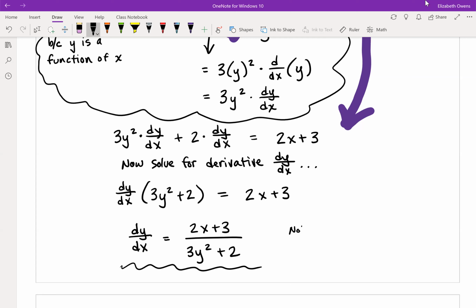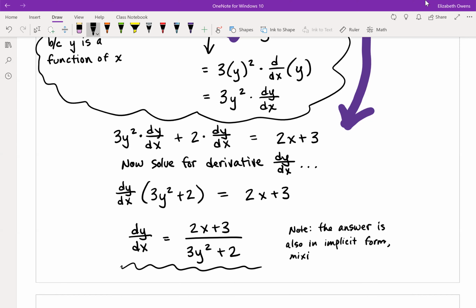Now, you might note on this that the answer itself still has a y in there. There's still a y right here. And so that's okay. The answer for this derivative is also in an implicit form. It mixes x and y.